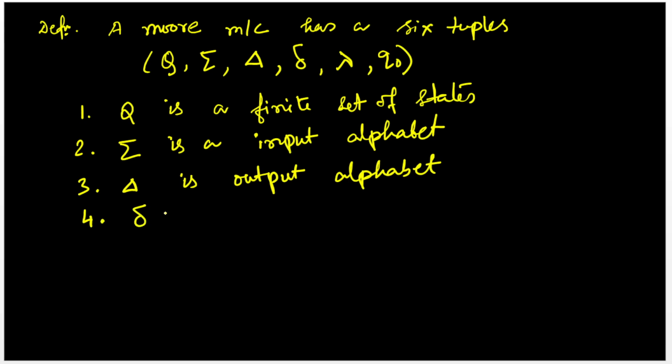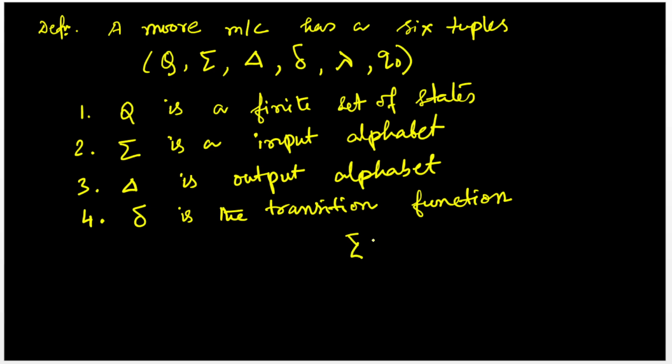And this delta is the transition function, that is sigma cross Q into Q.